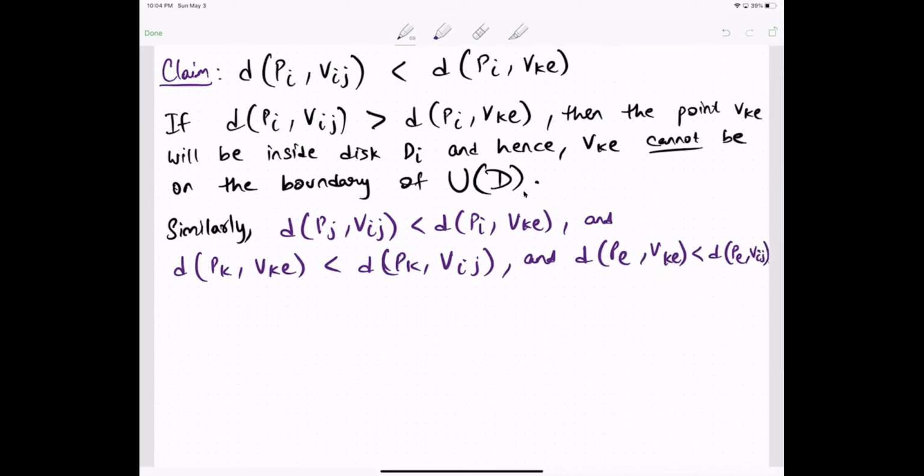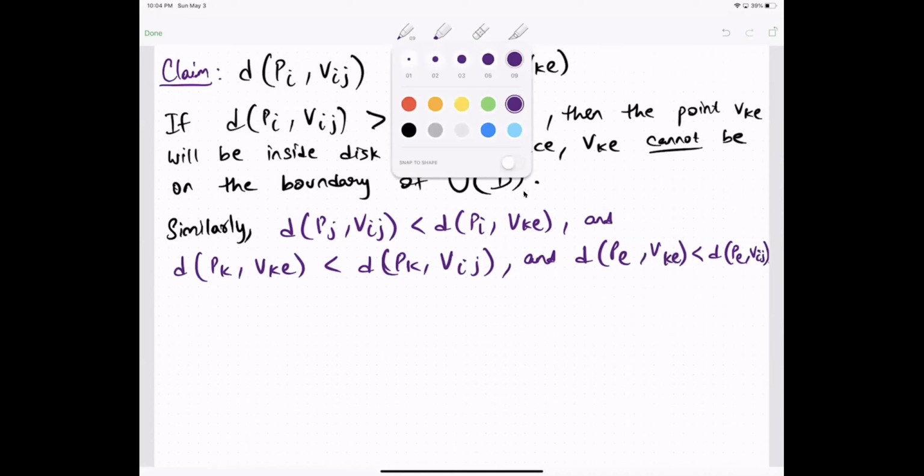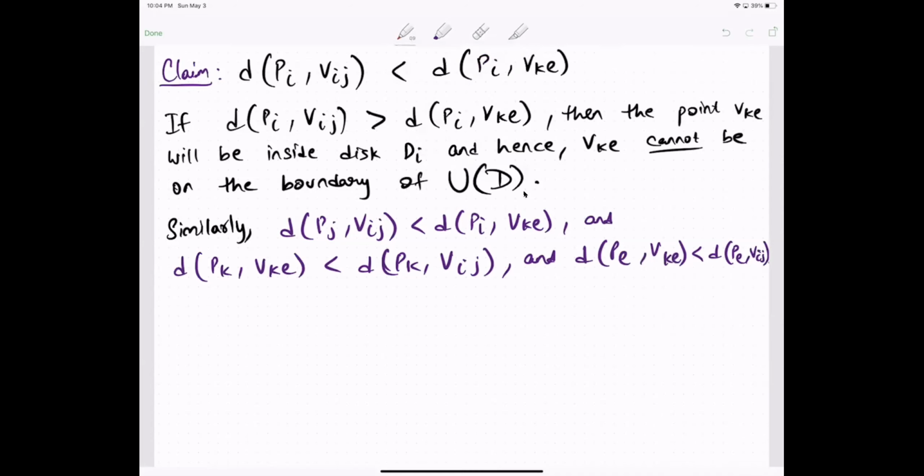Okay, so what does this look like pictorially? Pictorially it looks like this. So you have Vij, you have Vkl, you have Pi on this side. This is the line L, Pj, Pk, Pl.